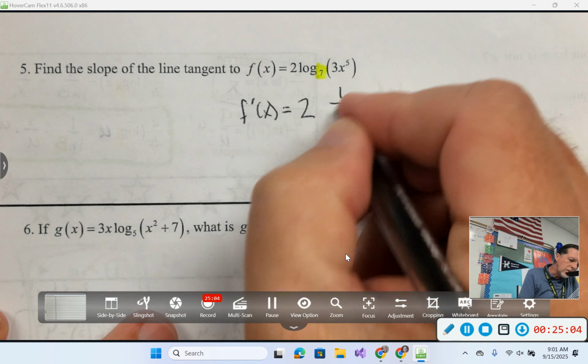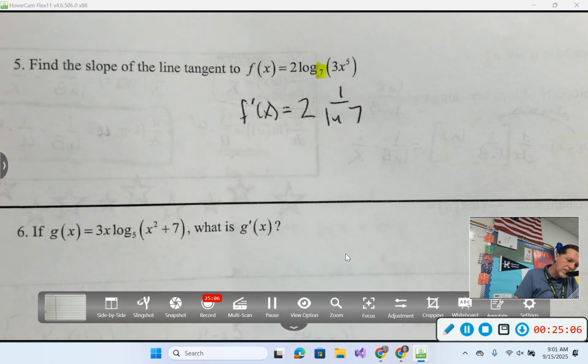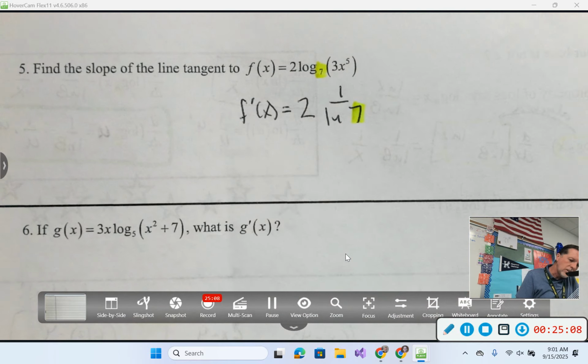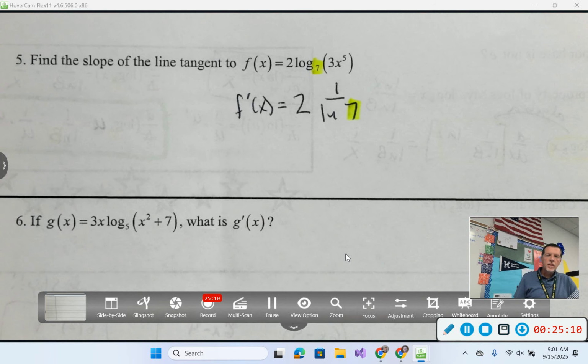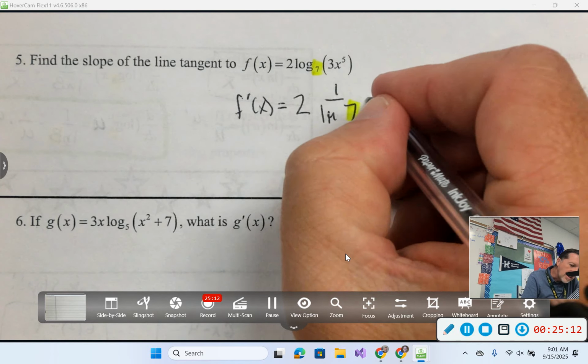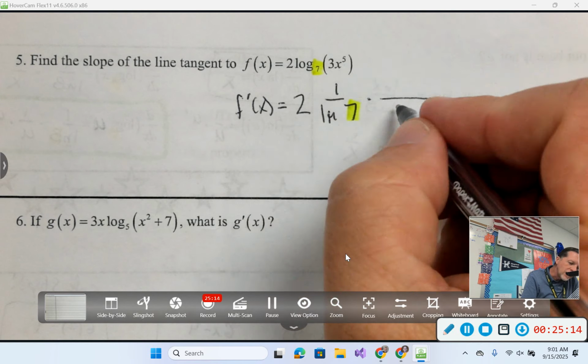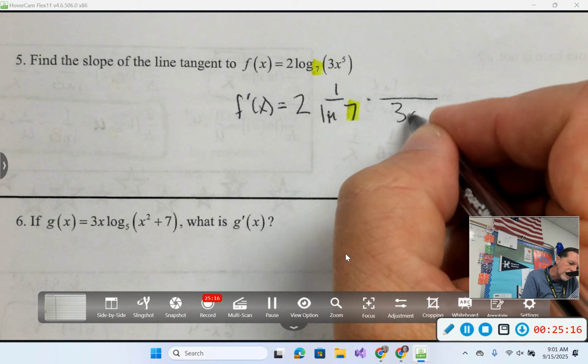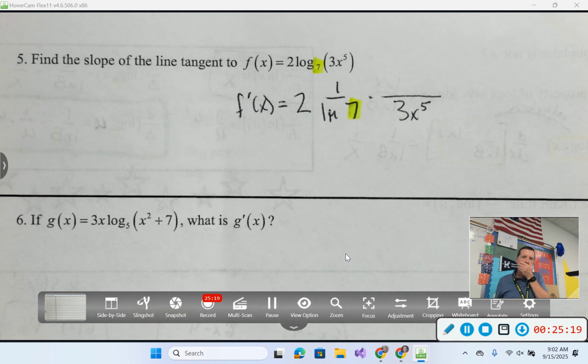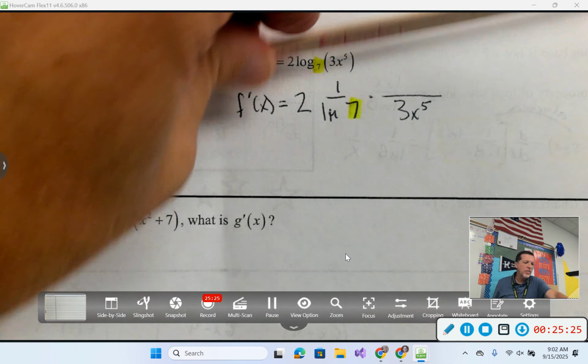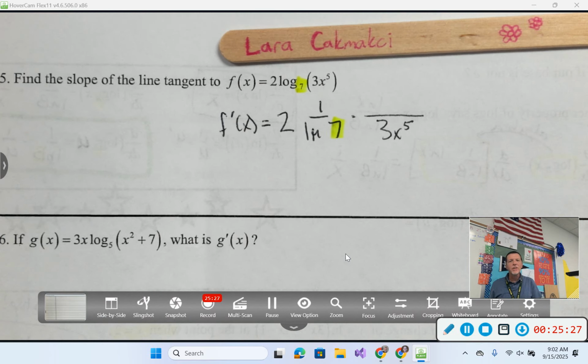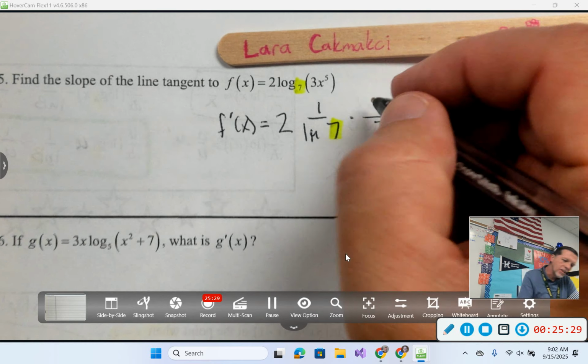So 1 over natural log 7 is where the 7 goes. And then the derivative of natural log is 1 over 3x to the 5th. And then, Laura, what's the chain rule? What goes in the top here? 15x to the 4th. Good.